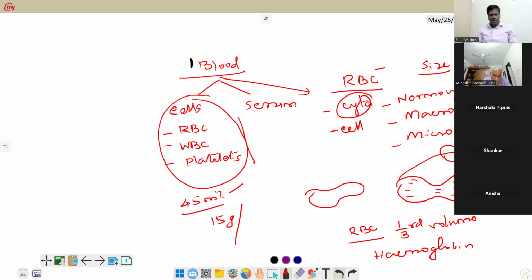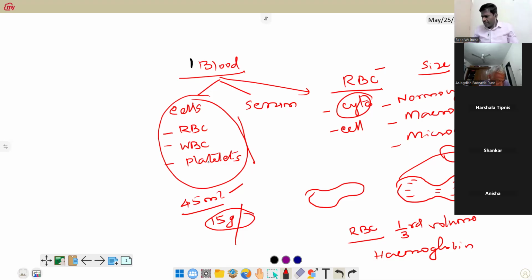The volume of the PCV or hematocrit is 45. This is the ideal one, or the average value of a healthy person.